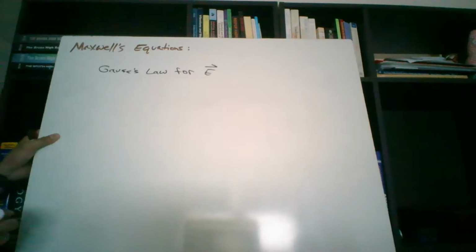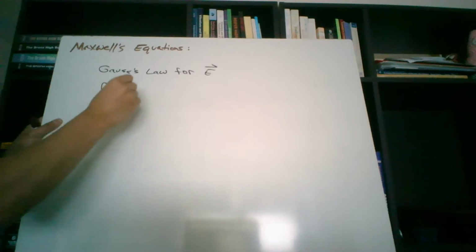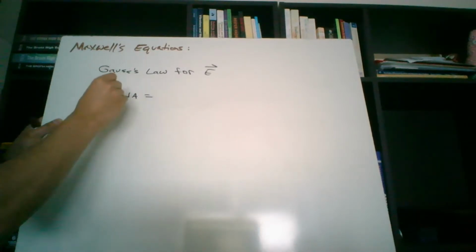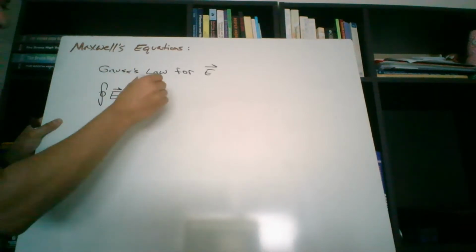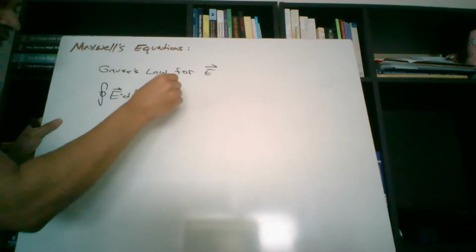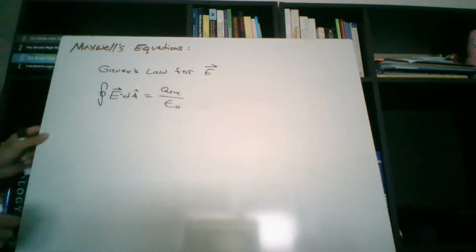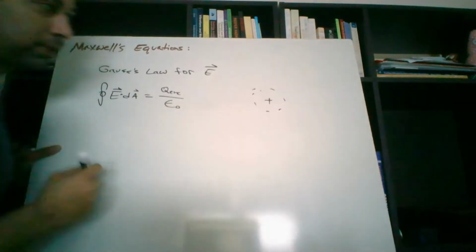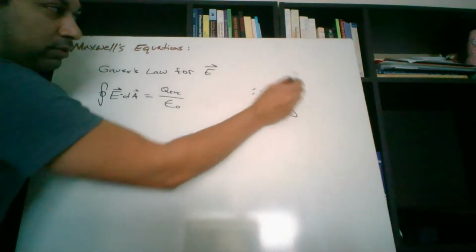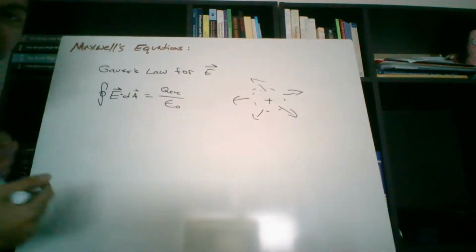And so that's written as the enclosed integral of E dA, and this is a dot product here, that's going to be actually pretty useful to know, is equal to the charge enclosed divided by epsilon naught. So if you've got a charge here and you put it in a blanket, you know that it's all going to go out. There's going to be a number of field lines that are going out but not coming in.